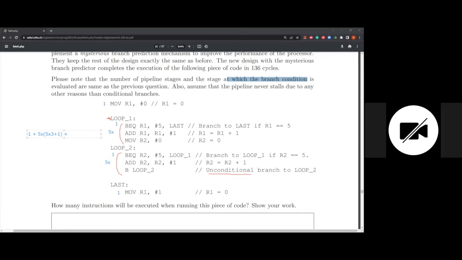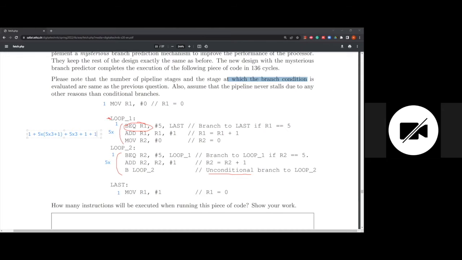And then 5 times we will execute these 3 instructions of loop 1. And I will do plus 1 for the last execution of this branch over here, which will make the program jump to the last instruction.